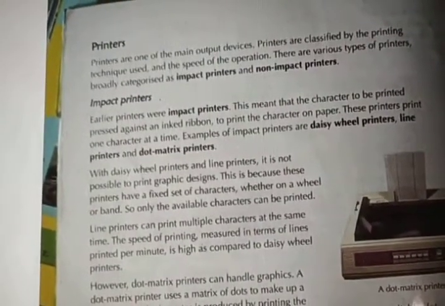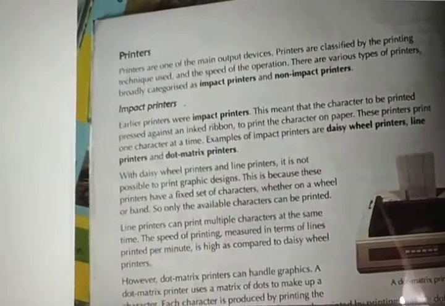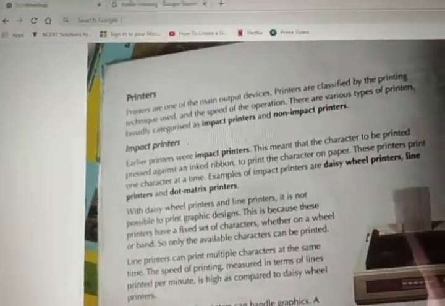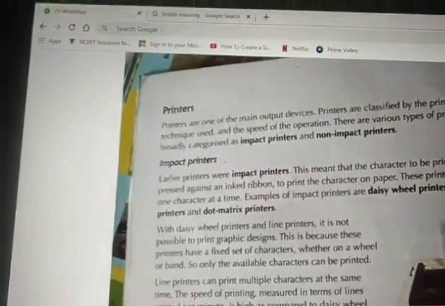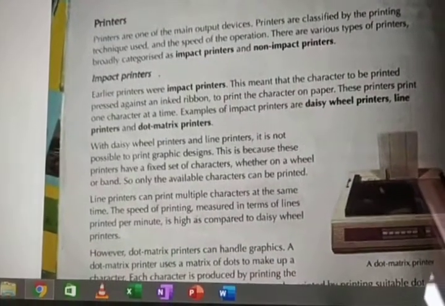So graphics is not possible in those two printers. To overcome that, the dot matrix printer was introduced. The dot matrix printer can handle graphics.